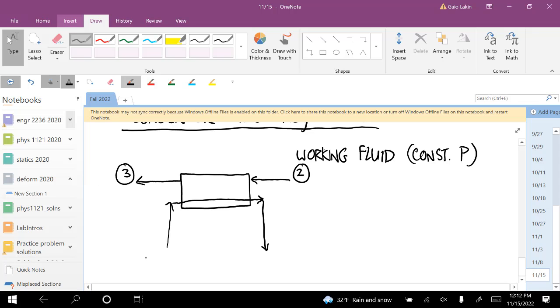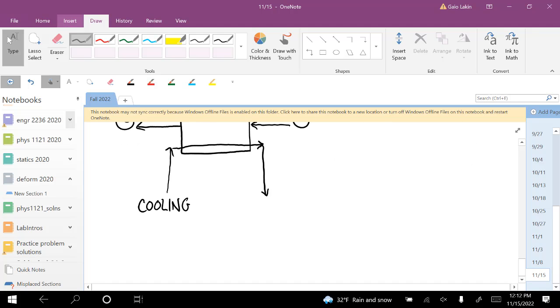This is the cooling water. And this is always liquid. And since it's always liquid, it's a reasonable assumption to consider it incompressible.